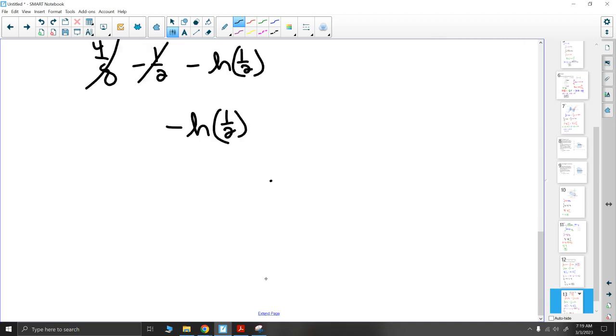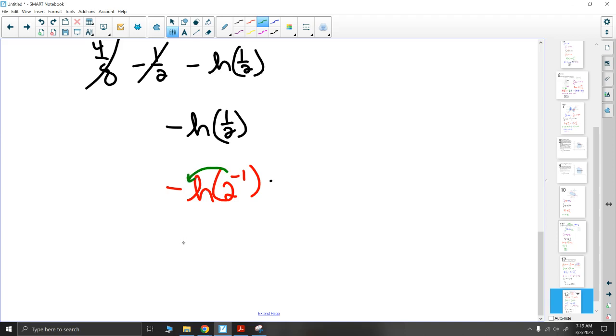Now, let's write this in terms of 2 to the power. So this is negative natural log of 2 to the negative 1. We know from our log rules that when we have log of something to a power, we can bring that power down in front of the log.